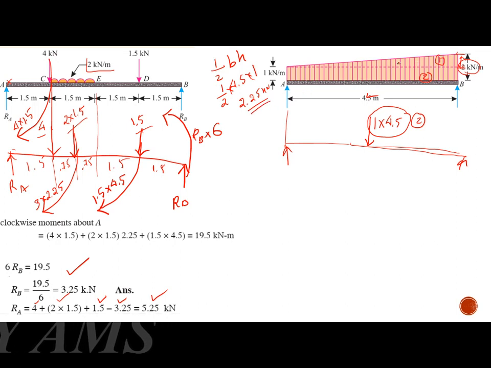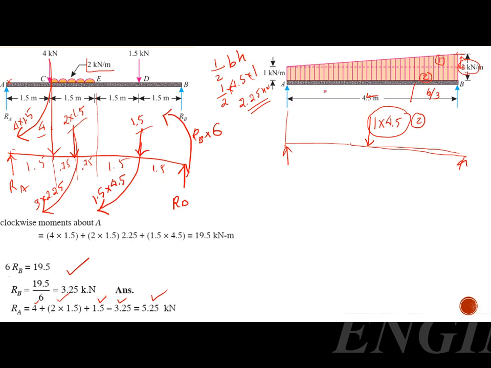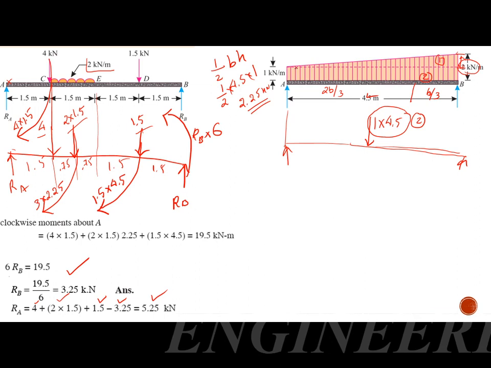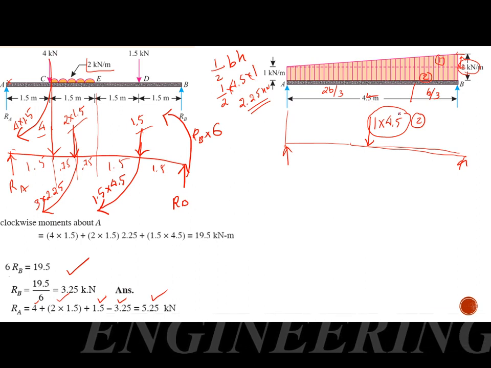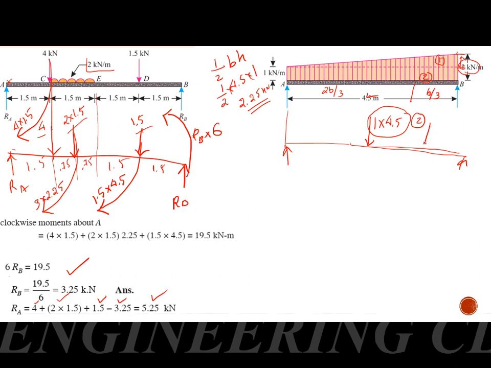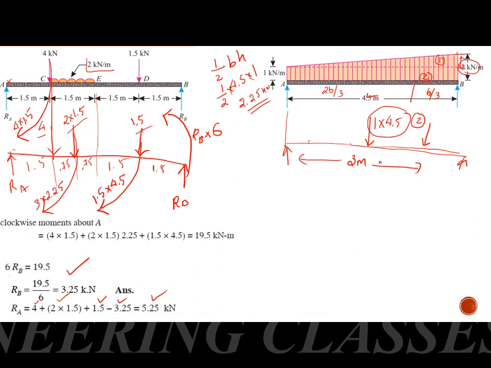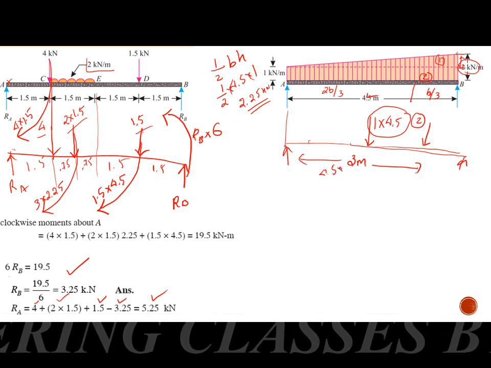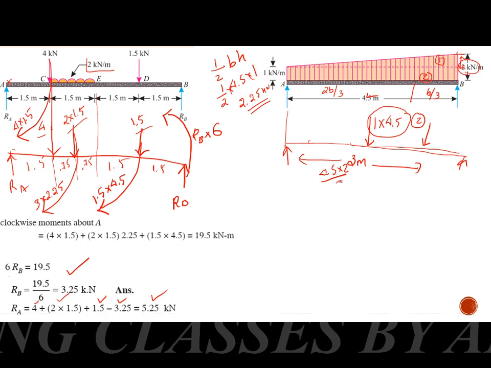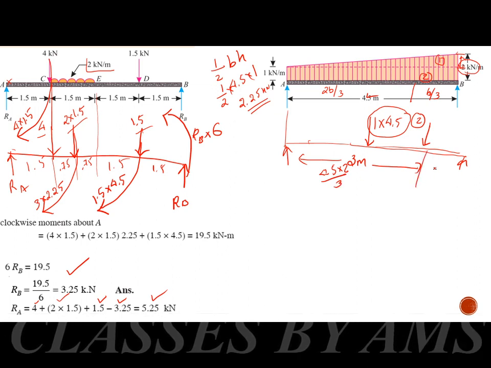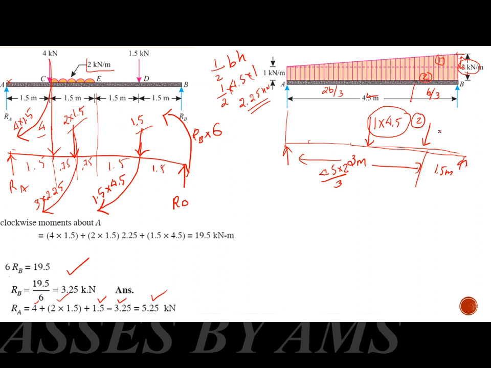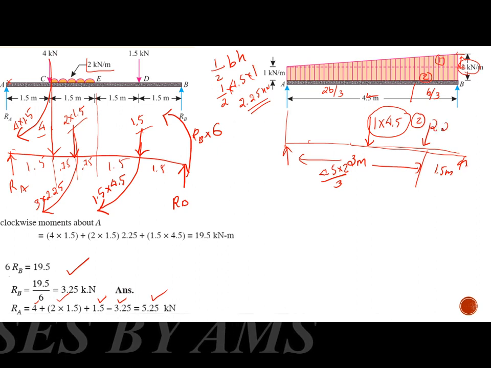It will be acting at a distance h by 3 from the base, or b by 3 from the right angle side, and 2b by 3 from the acute angle side. The total distance is 4.5, so it will be acting at a distance 3 meter from here, that is 4.5 into 2 divided by 3, and 1.5 meter from here, and its value is 2.25 kilonewton.